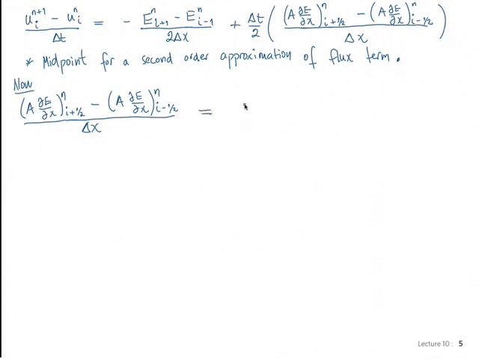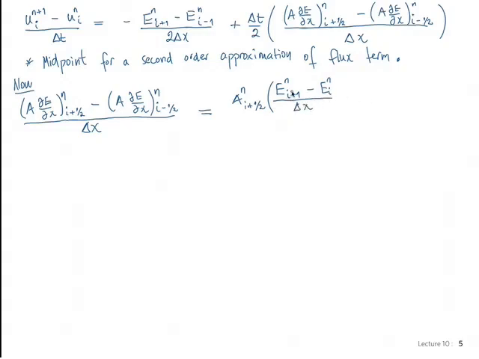We're going to write A at n, I plus 1/2, and for dE/dx, write E at I plus 1 minus E at I. Sorry, I'm going to use just a backward difference here, so this is just I. Of course, both at n, divided by delta x.